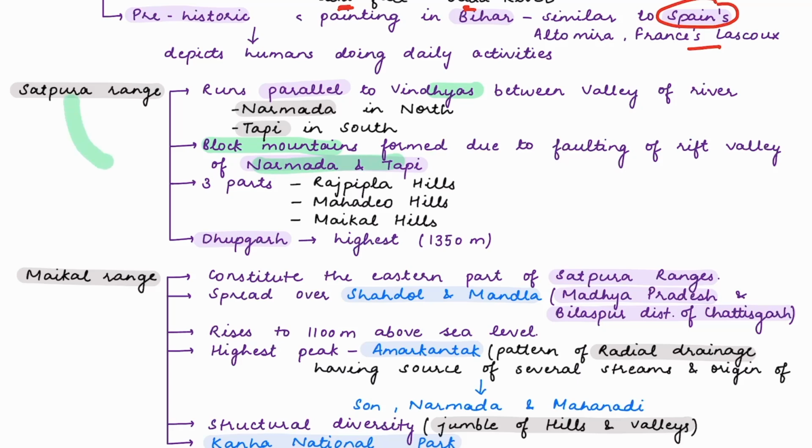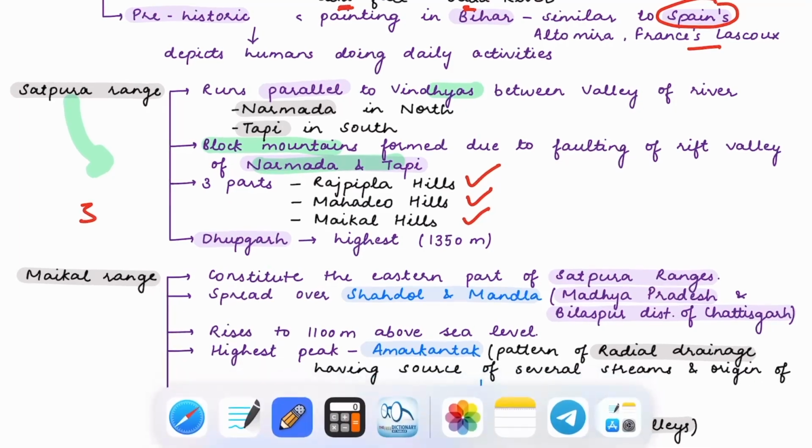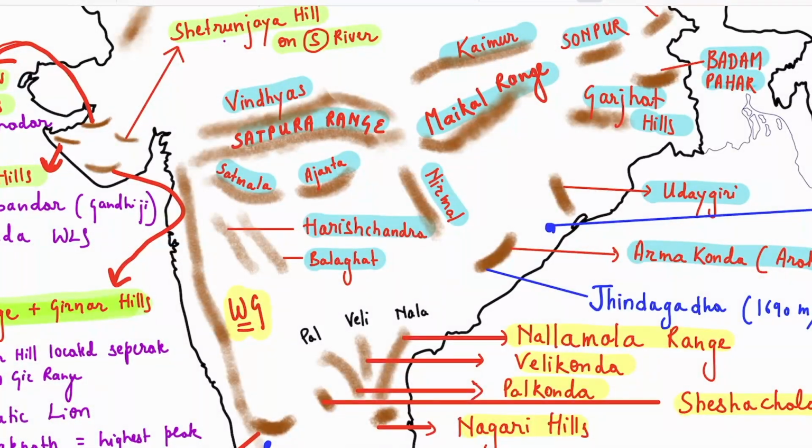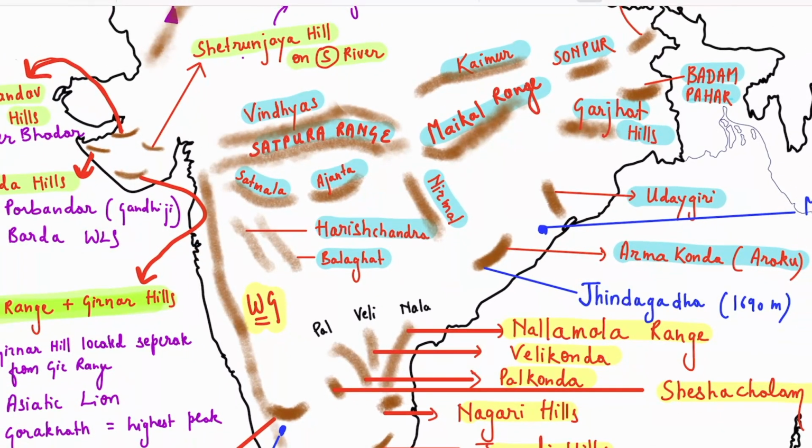Now, the Satpura range is divided into three parts: Rajpipla Hills, Mahadev Hills, and Maikal Hills. If I give you a little idea about the Rajpipla Hills, I can draw here so that you can understand. We have Satpura, and here I will use the blue color pen.